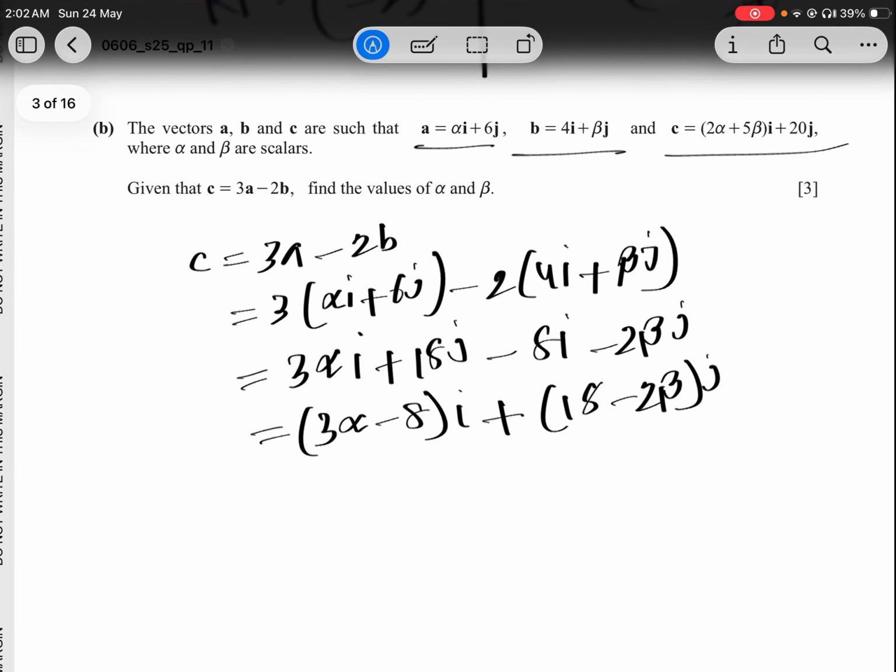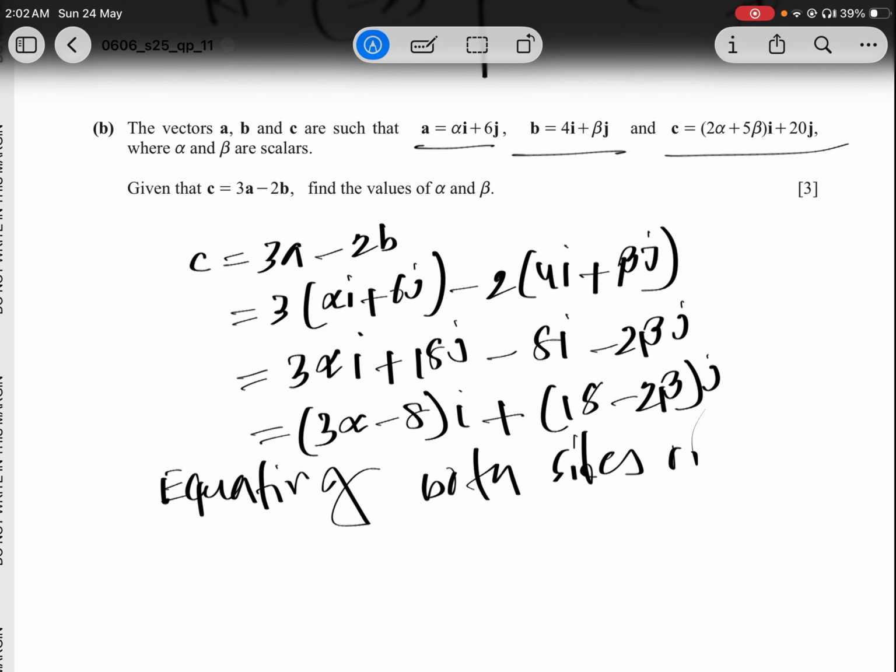Now we need to compare. So our C is given as, equating both sides of C.